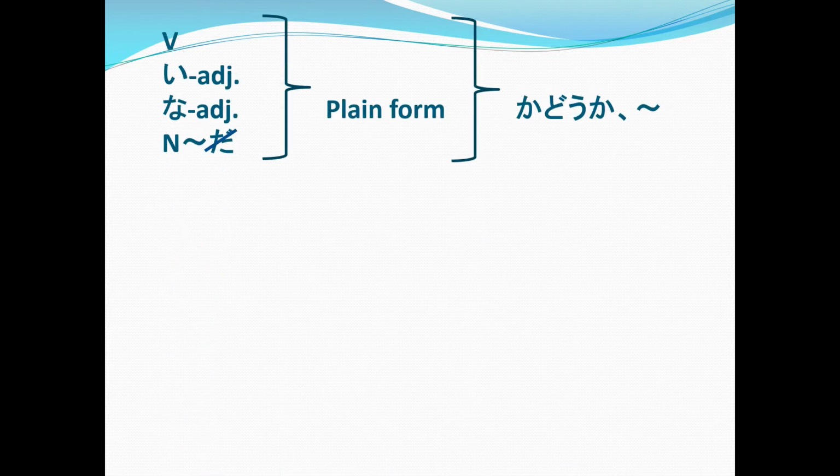In the next sentence pattern, we have verb, i-adjective, na-adjective and noun in its plain form, and then ka doka.